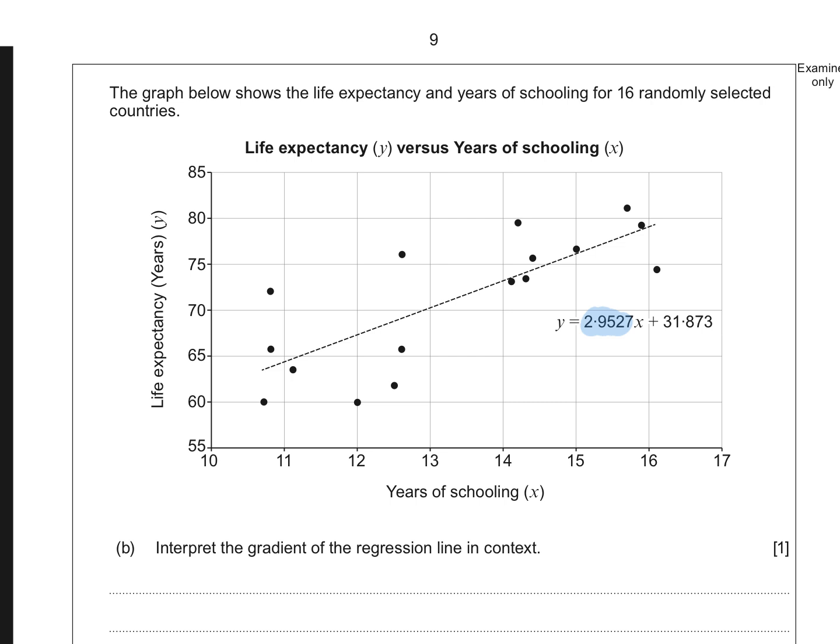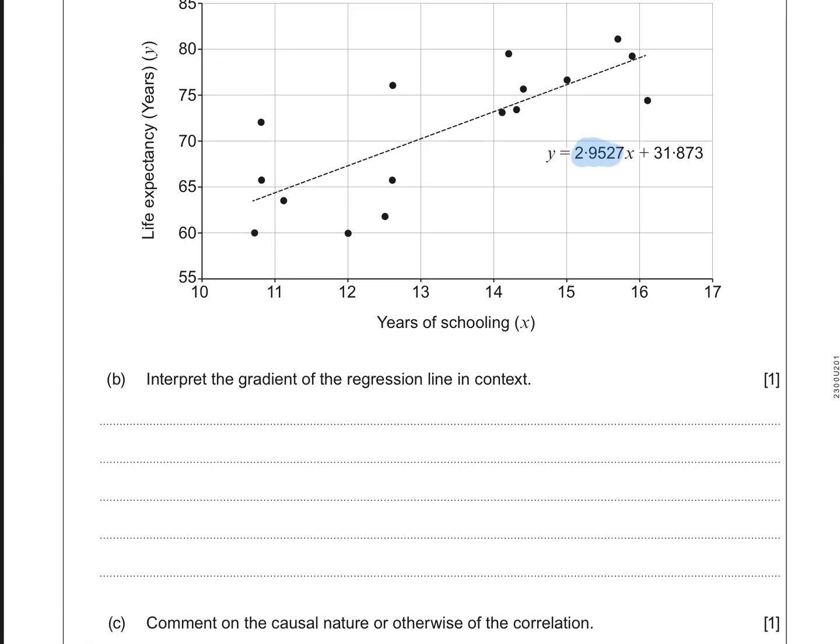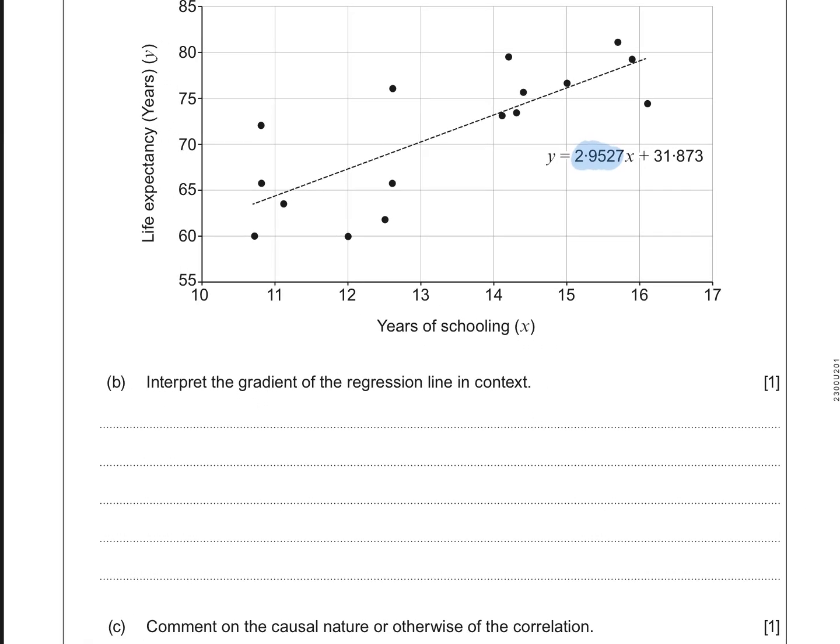So that tells me that on average, for each 1 increase in the years of schooling, we might expect the life expectancy to go up by that number that I've highlighted in blue. Okay, some key words in it, and I will highlight all the important ones at the end.